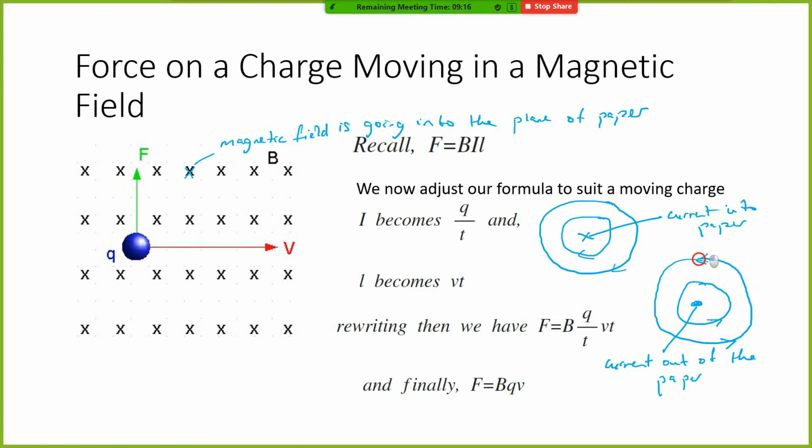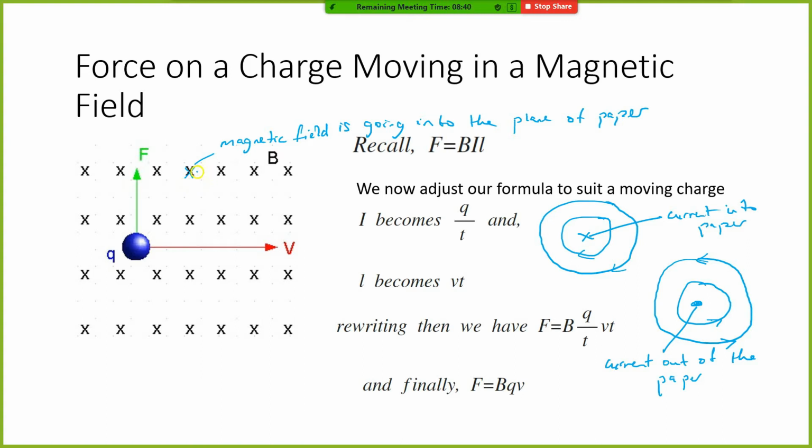So that is key practice and key knowledge that we have to remember. But the thing about magnetism is that sometimes the same symbols get reused, because whenever we want to represent a magnetic field going into the paper, we also use X. So you now have to split your brain and say, all right, we can use it for current, and now we can use it for magnetic field.